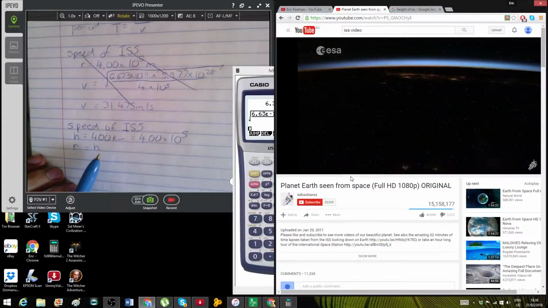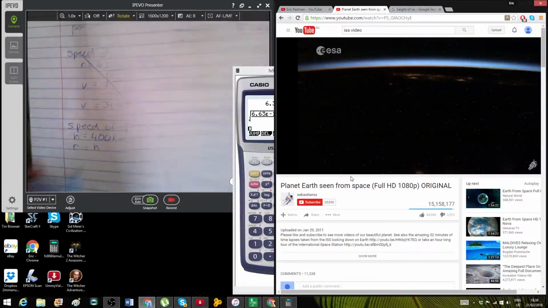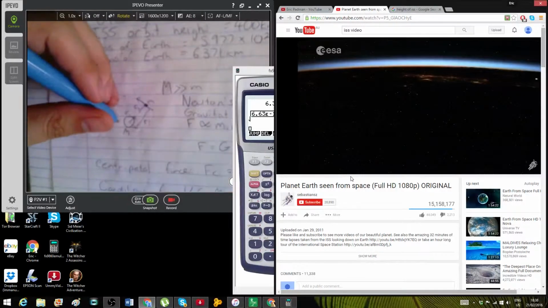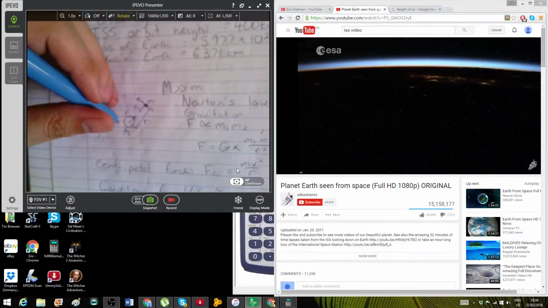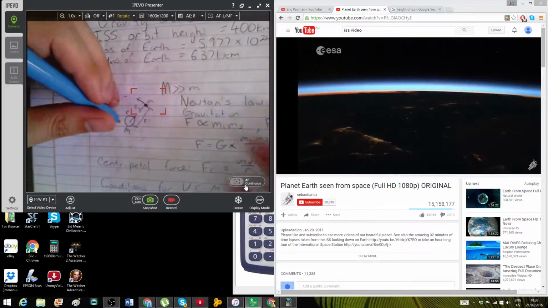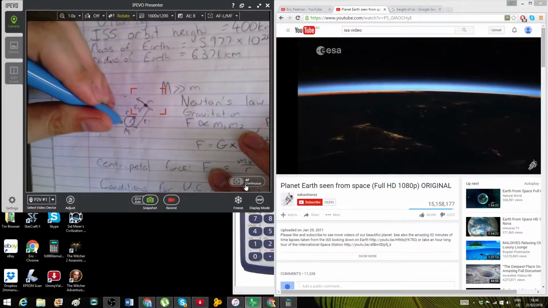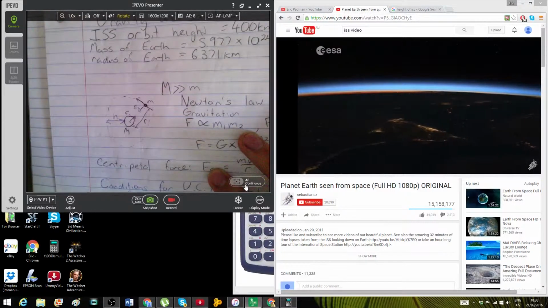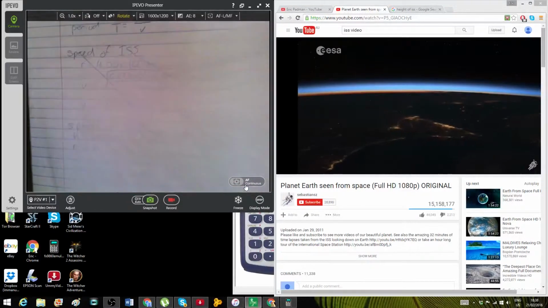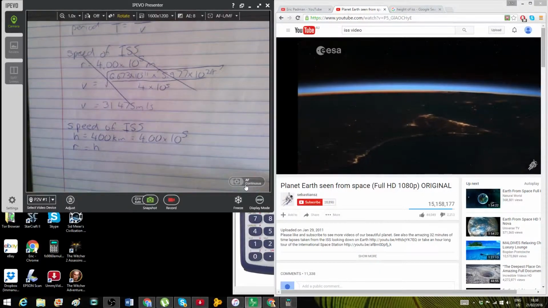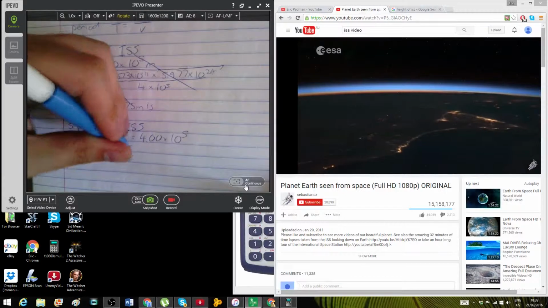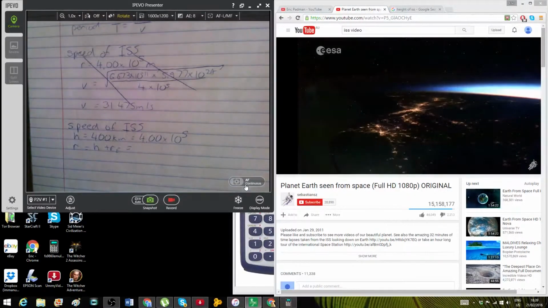So if I look at my diagram, the height is that, not the radius. So height plus radius of the Earth.